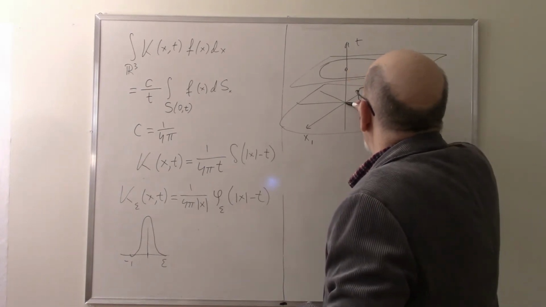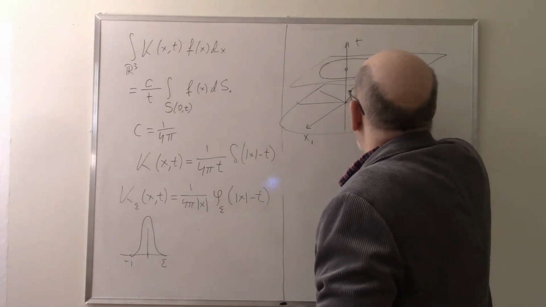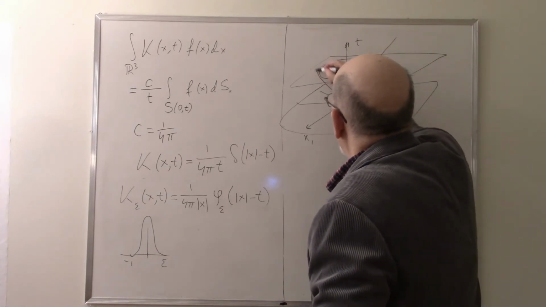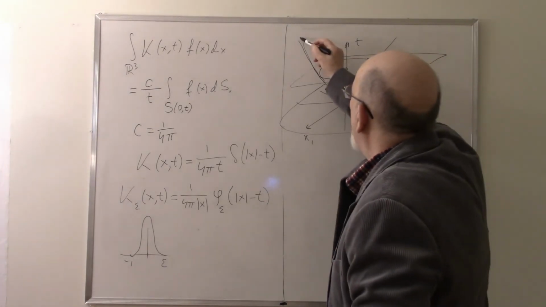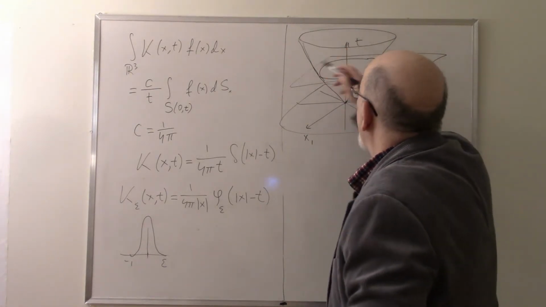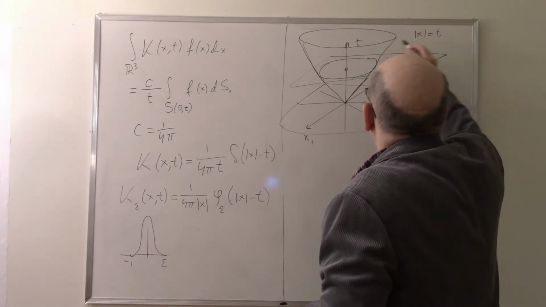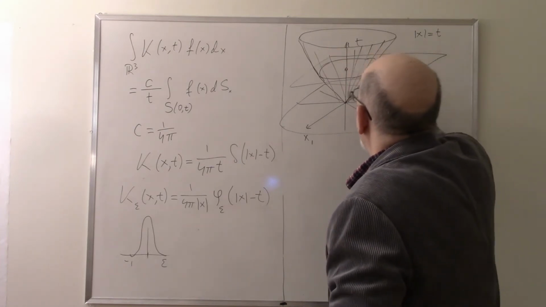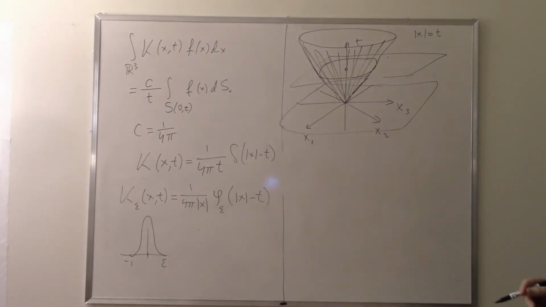Here we have this sphere, whose radius is equal to t. This means that outside of the surface of the cone, module x equals t, this cone, the function k is 0.